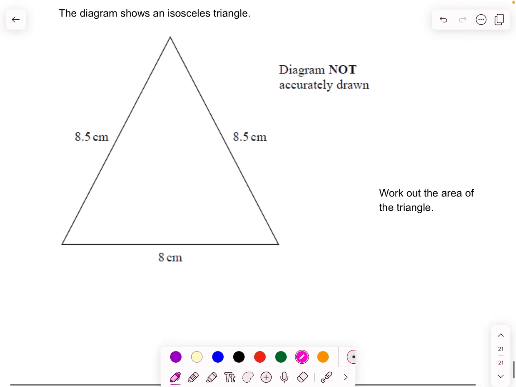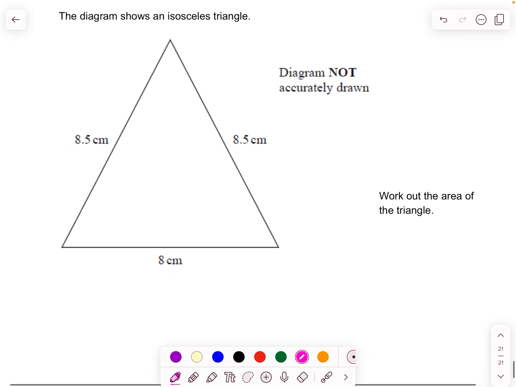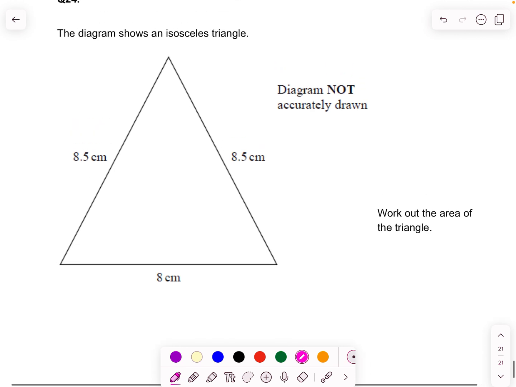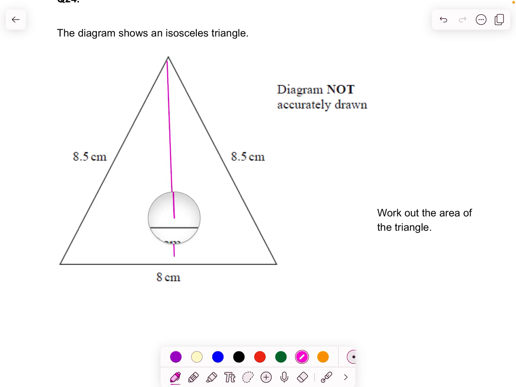Right, so we want to work out the area of the triangle. In order to work out the area of the triangle, until you do advanced trig, the only thing we can do is we need the height and we need the base, which we have, so that's fine.